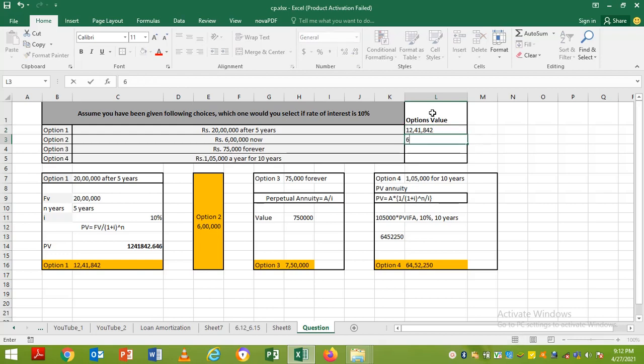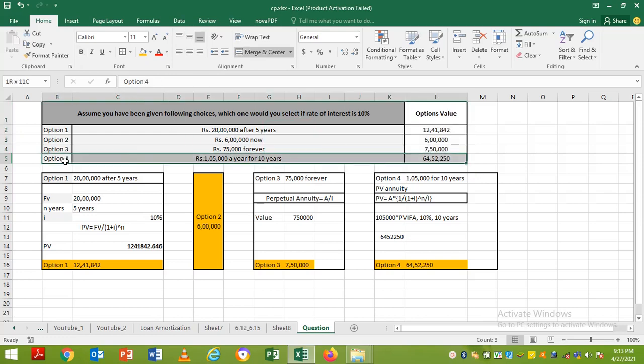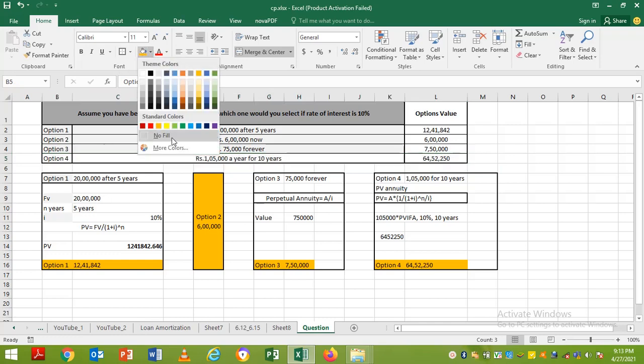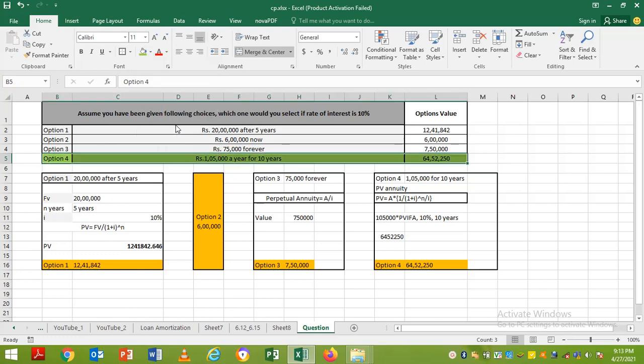In option 2 we have 6 lakhs. In option 3 we have 7,50,000, and in option 4 we have 6,452,250. By comparing all these options, we can conclude that option 4 is more desirable, because we have more benefit in option number 4 compared to the other 3 options.